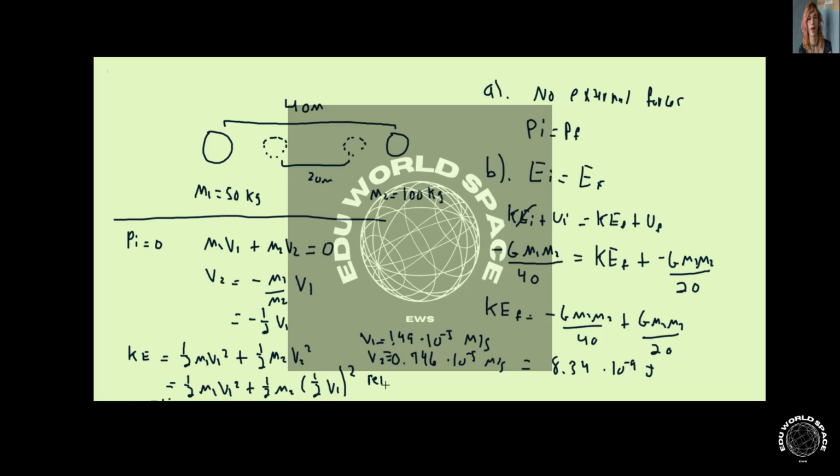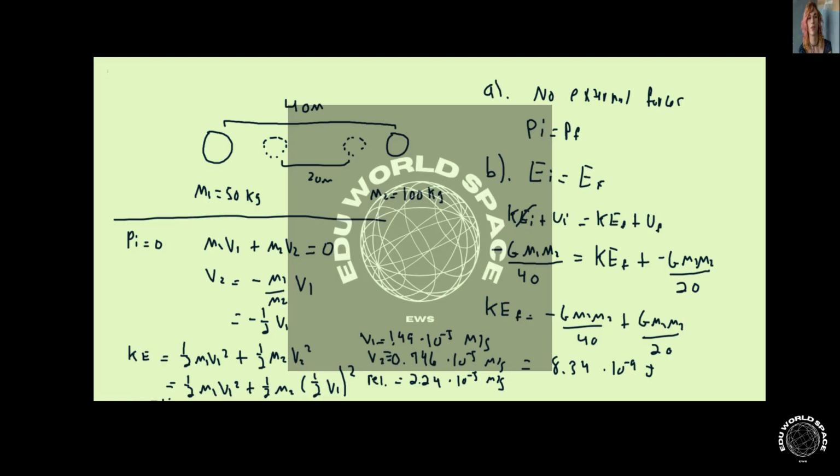And finally, the relative velocity of these two. So how fast are they closing the gap between each other? Well, we can just add up the magnitudes of the velocities. This one is moving at one speed, this one's moving at the other speed. And so that total relative velocity, 1.49 plus 0.746, gives us 2.24 times 10 to the minus 5 meters per second.